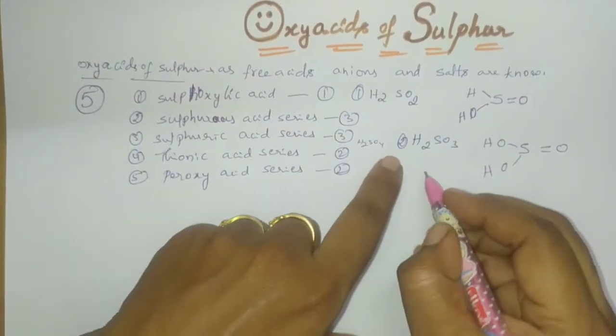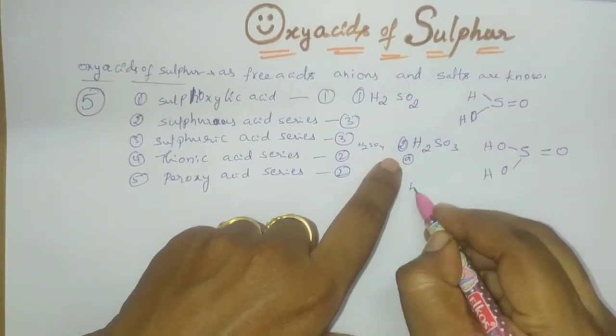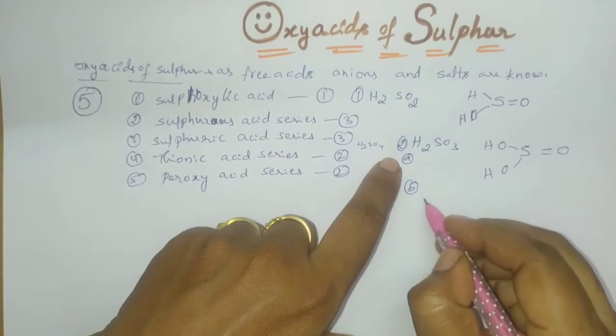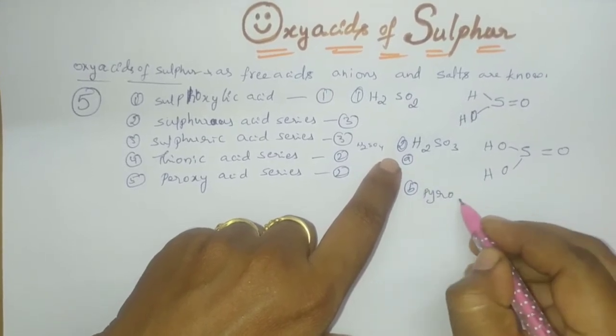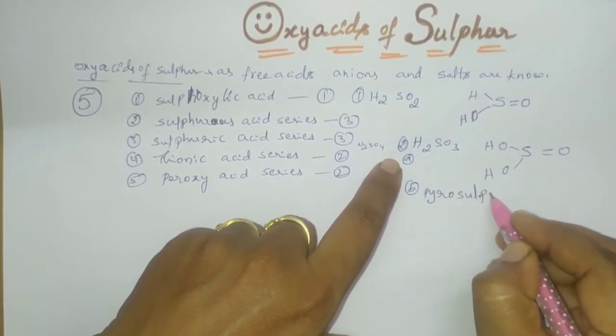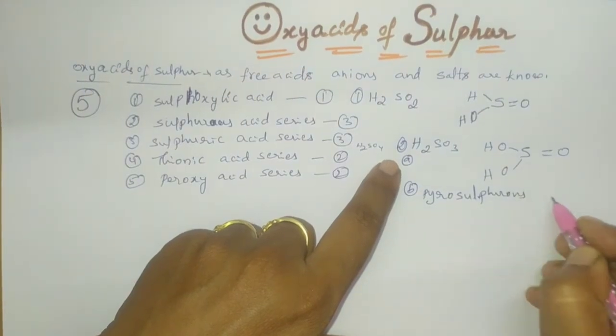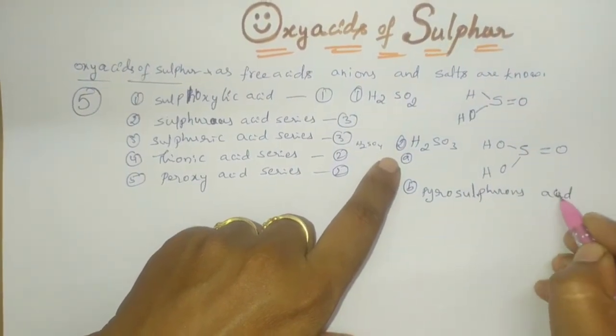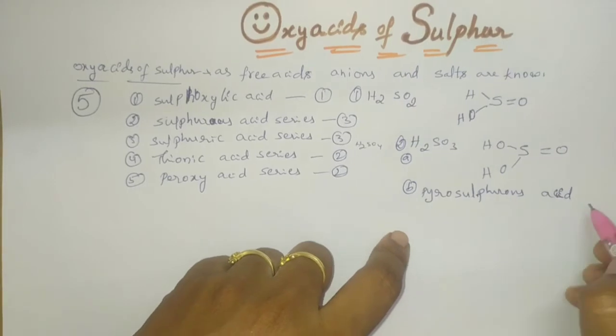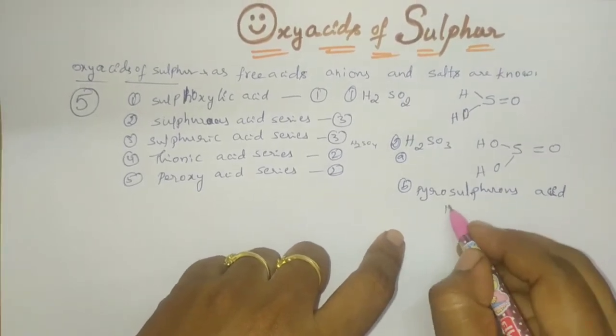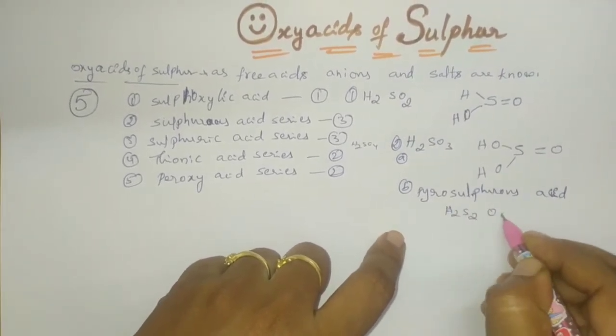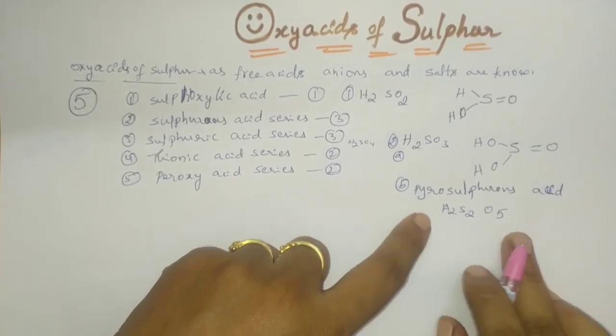In that sulphurous series, A is this structure. B is pyrosulphurous acid. Its formula is H2S2O5.